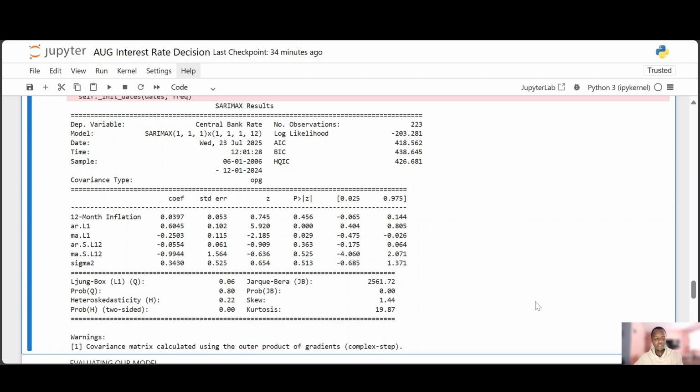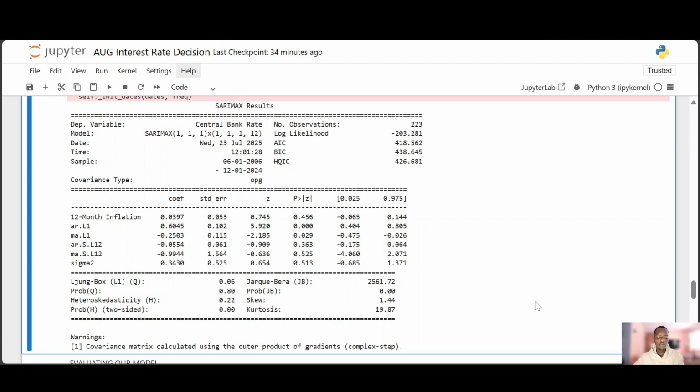I also tried the GARCH and the ARCH, also the SARIMAX and the combination of the SARIMAX and the GARCH, but still none of them performed better when comparing the HQIC, the BIC, and the AIC, the log likelihood, the skewness and kurtosis, the prediction, and also the significance of the parameters. Some performed worse than the current model.